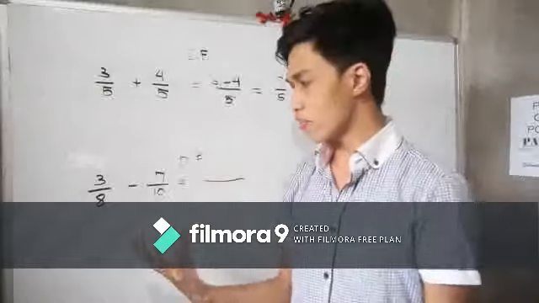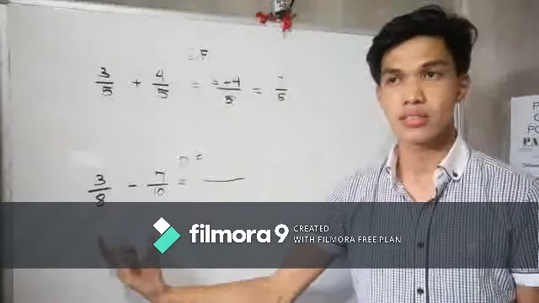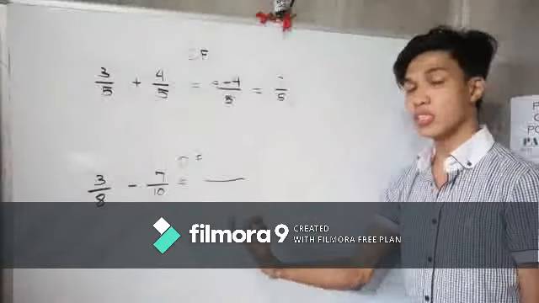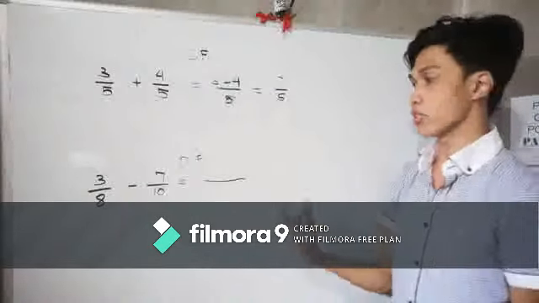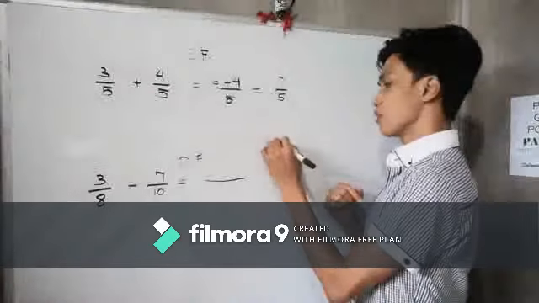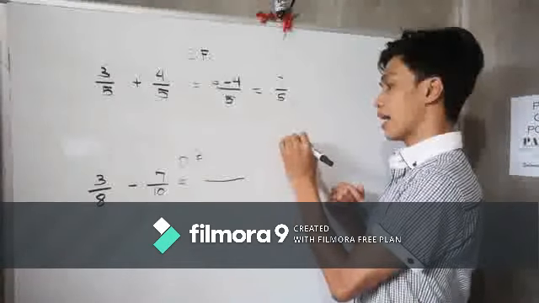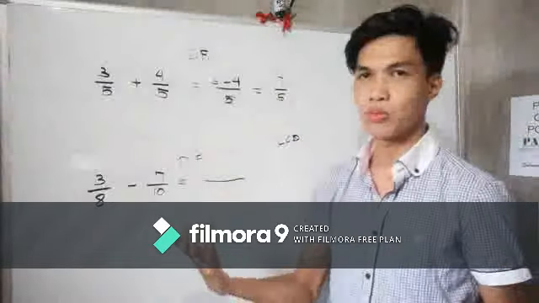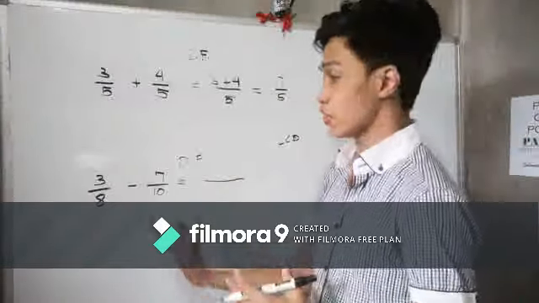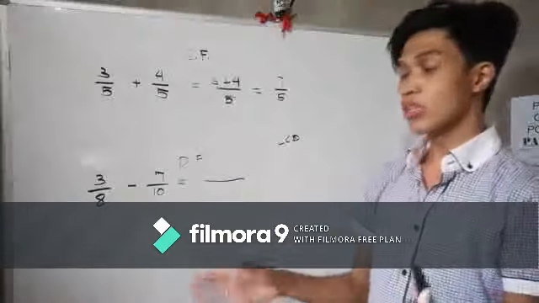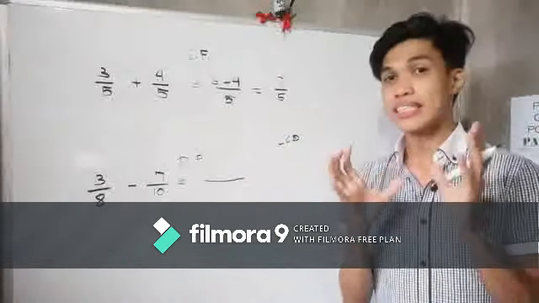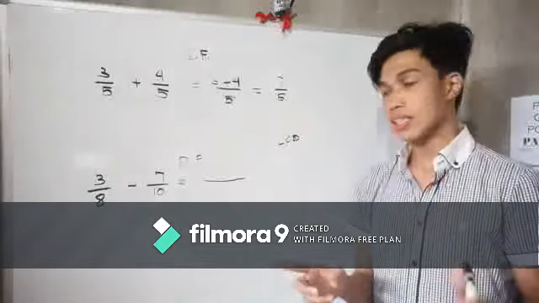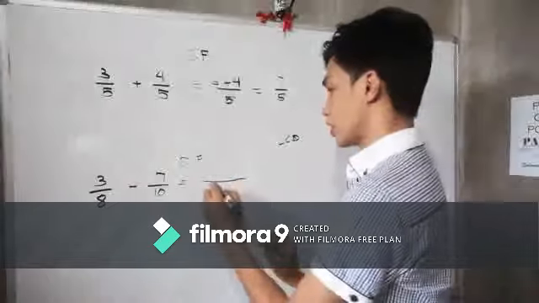If we have this kind of fractions, we need to find the least common denominator, or the LCD. So we need to find the LCD of 8 and 10, and that is 40.